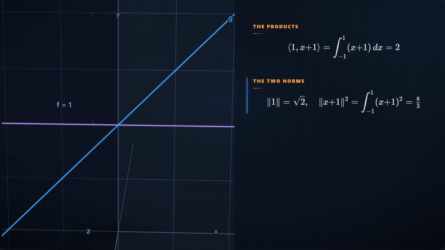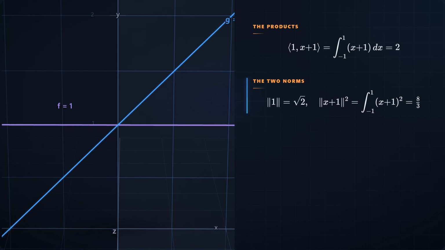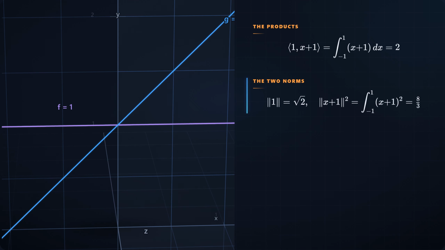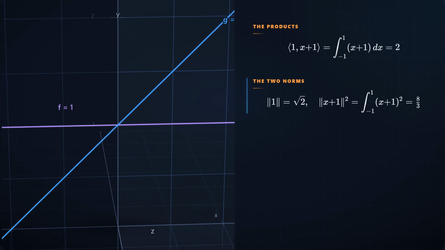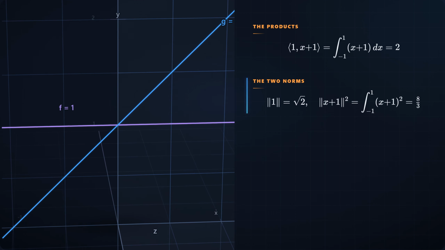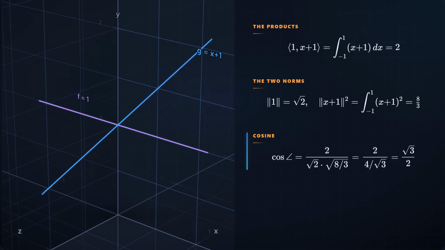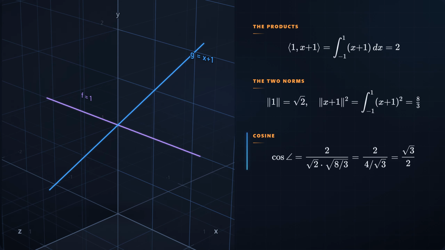The norms. 1 has length root 2, and x plus 1, squared and integrated, gives 8/3: expand to x squared plus 2x plus 1, whose integral is 2/3 plus 0 plus 2. Now the cosine. 2 over root 2 times the root of 8/3.